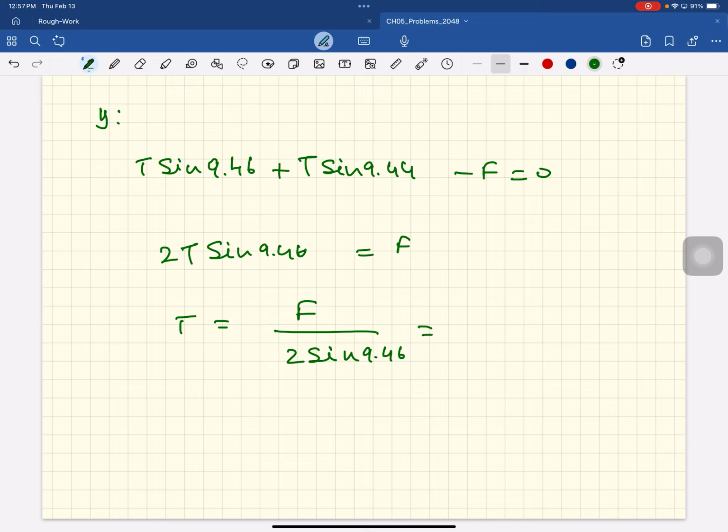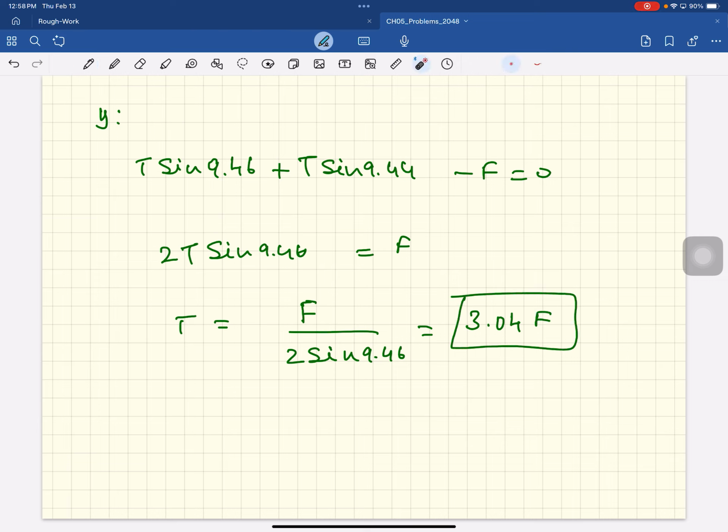I'll calculate sine 9.46 times 2 and 1 over that. This thing is working out to 3.04 times F.